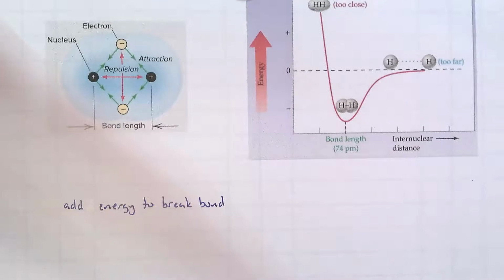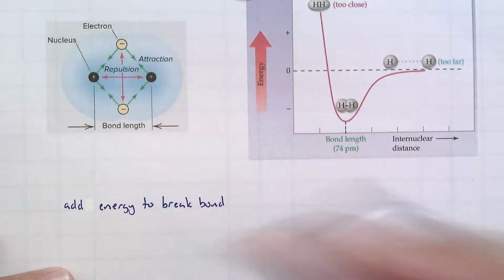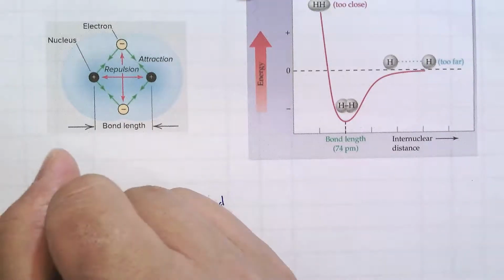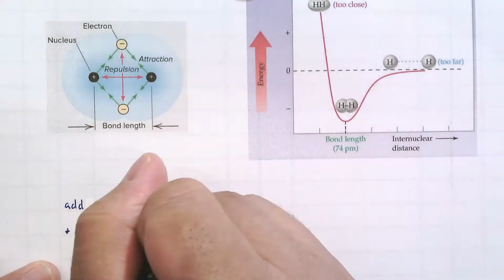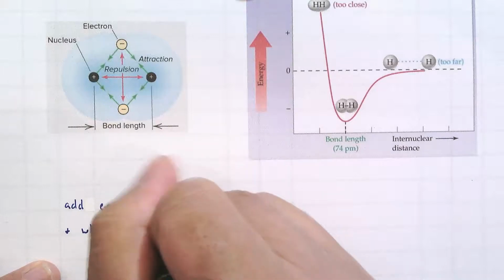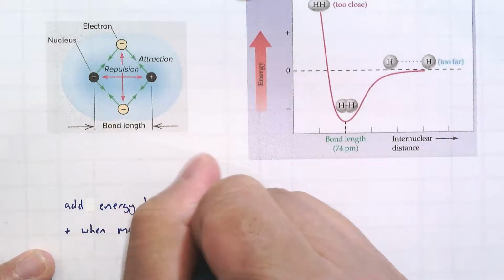But the opposite of that is when you make a bond, you release energy. One's making and one's breaking. So when you make a bond, energy is released.